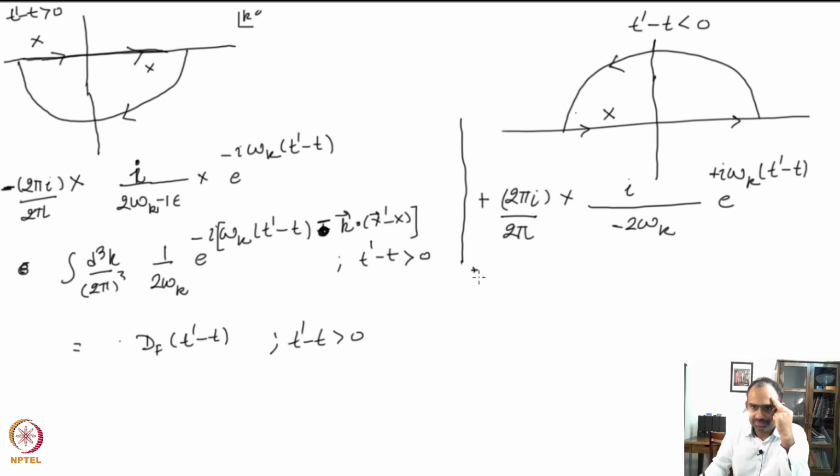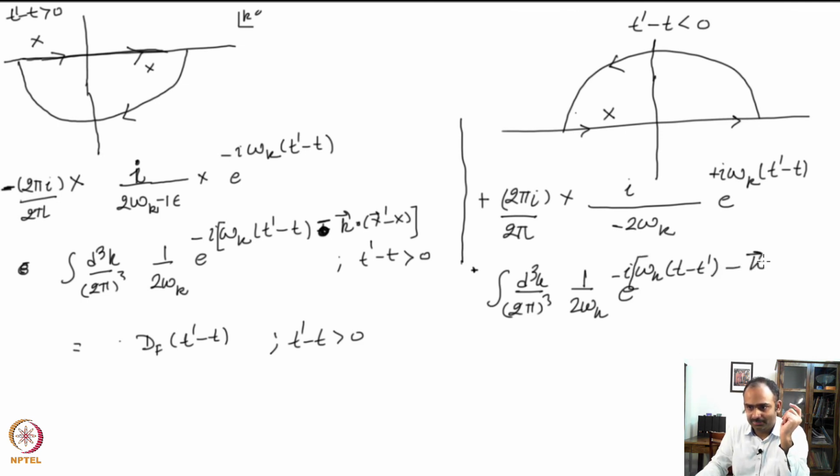So, my result of the integral is integral d cube k over (2 pi) cube, and then I substitute all this. i squared gives you a minus 1, and then there is a minus sign here, which cancels and you get 1 over 2 omega k, and this is e to the minus i omega k (t minus t prime), and I should bring that piece, k dot (x minus x prime).